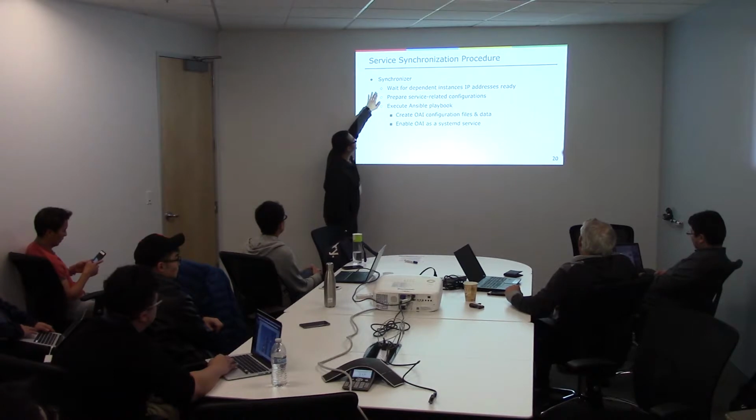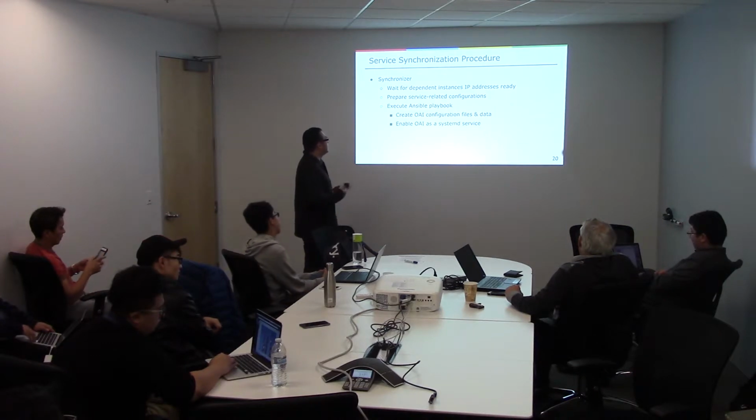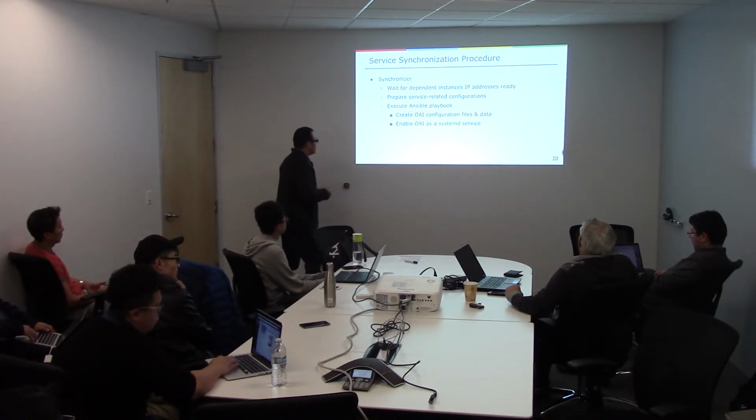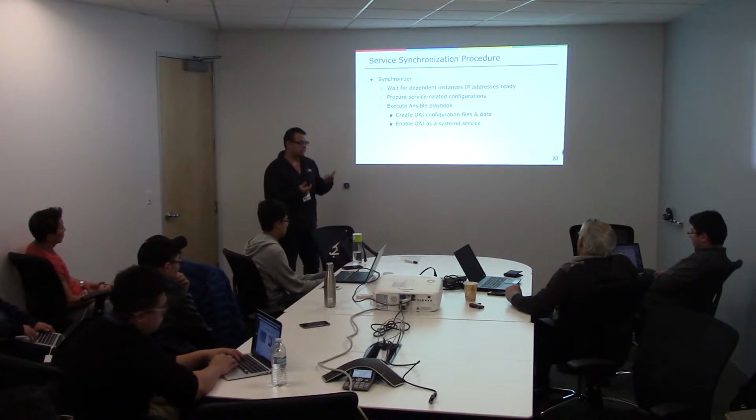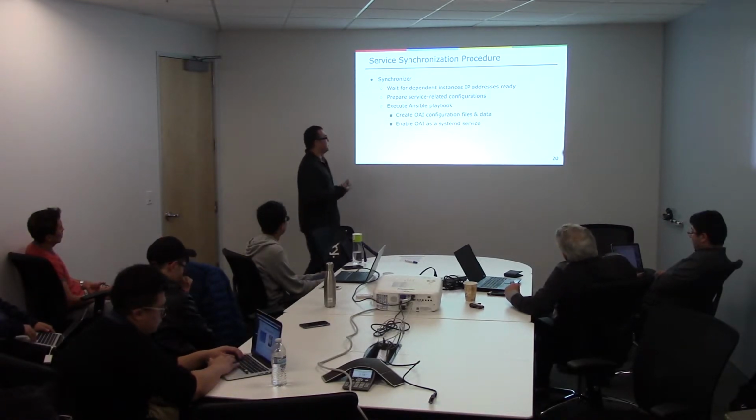The first one is that the synchronizer will always wait for the dependent instance IP address to be ready. It is because in the EPC, for example, the MME component will need the HSS IP and the SP gateway IP. So the synchronizer will always wait for the instance IP to be ready.